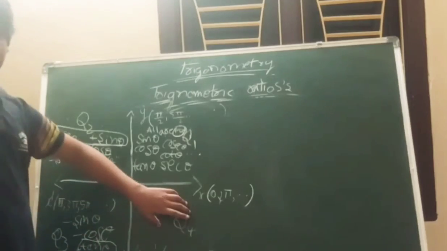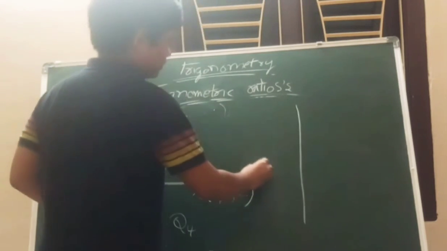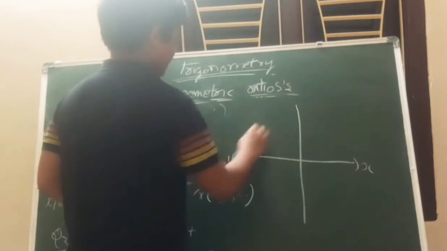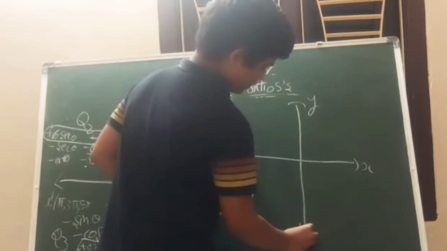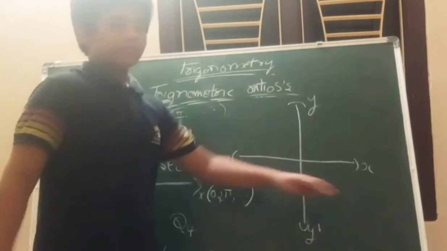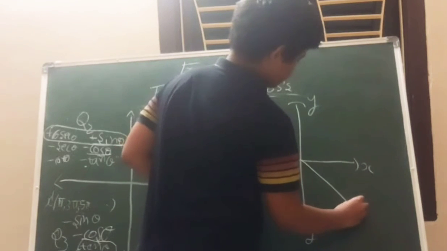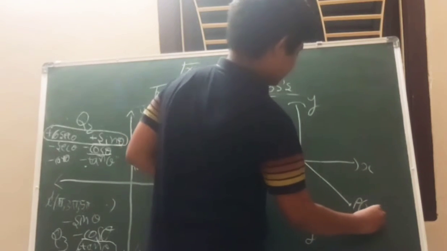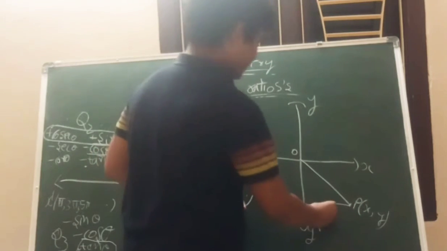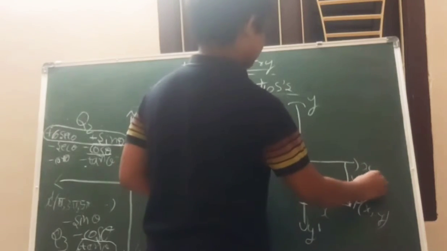Now let us discuss quadrant 4. Again let us take a coordinate plane, x, x dash and y, y dash. Now let us draw the right angle triangle in quadrant 4. Origin, point P of x comma y, distance from point to y-axis is x, distance from point to x-axis is y.